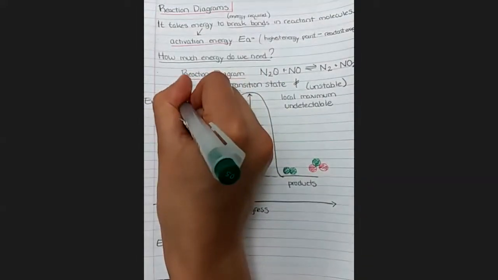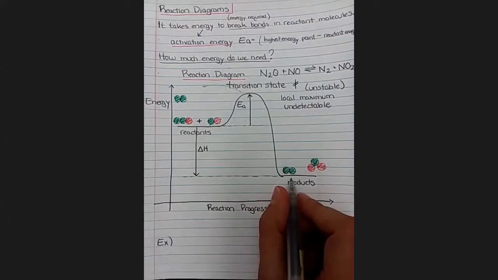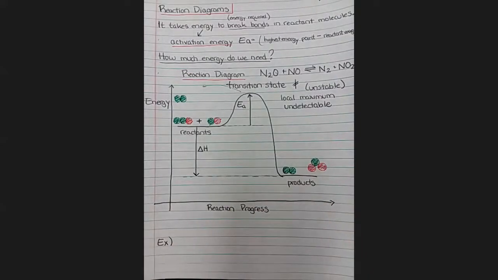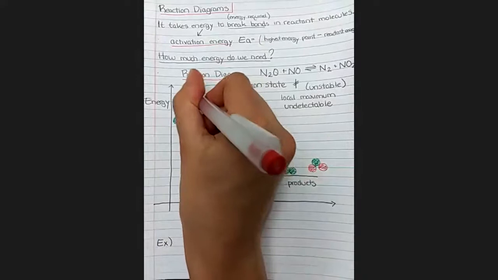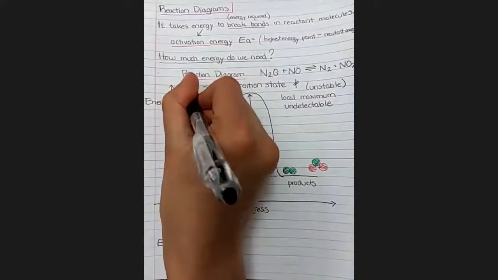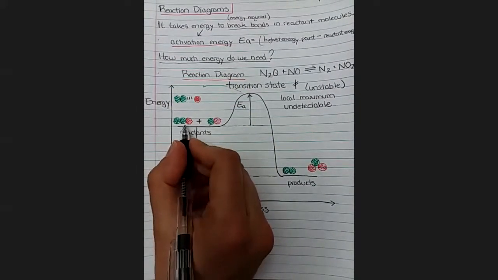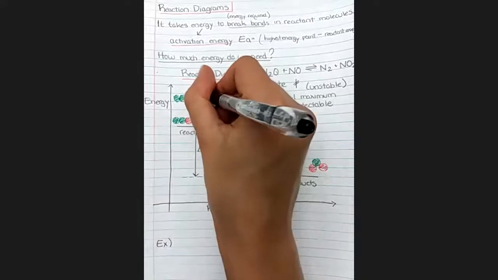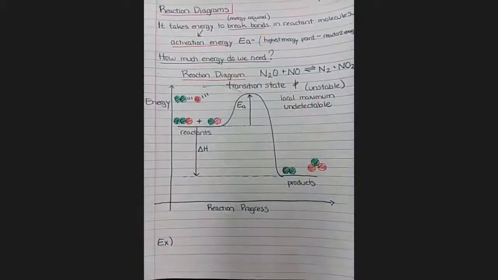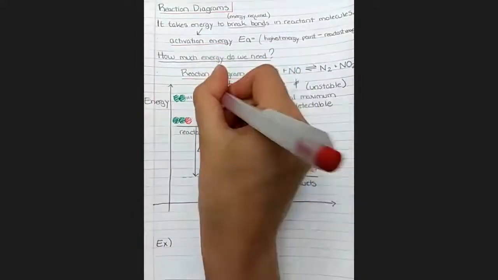So here we're still going to have the N2 connected as they were in the beginning, and then they're starting to become completely unconnected like they are in the products. We'll draw the oxygen atom as partially connected to the N2O, and then we'll draw it partially connected to the nitrogen that it's forming that bond to in the product.